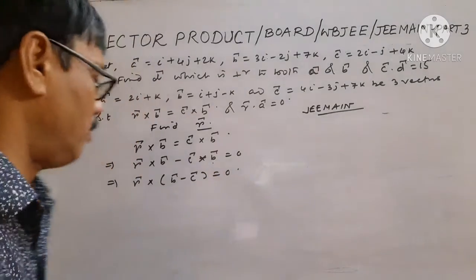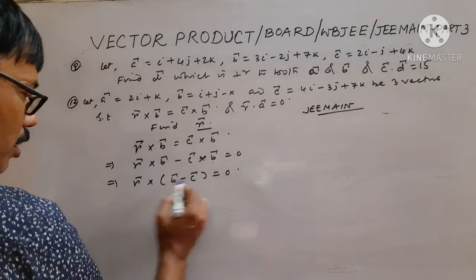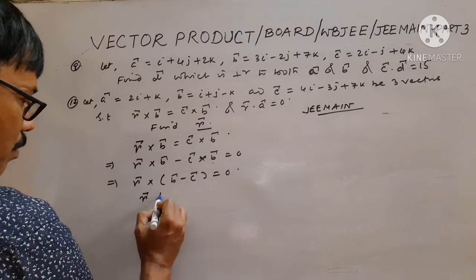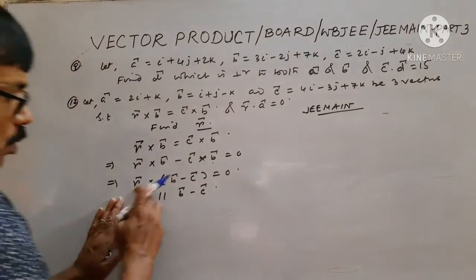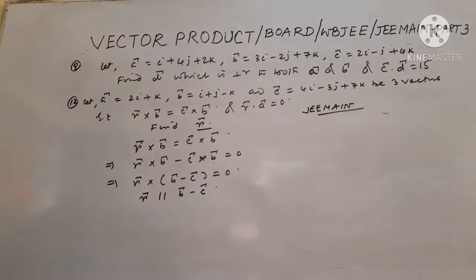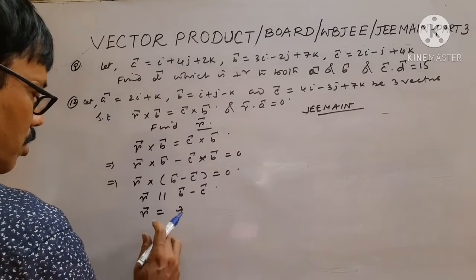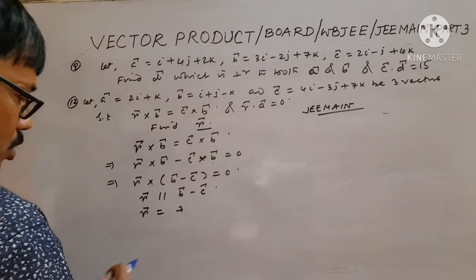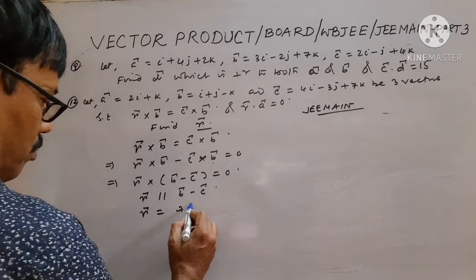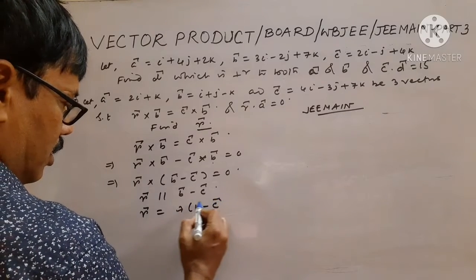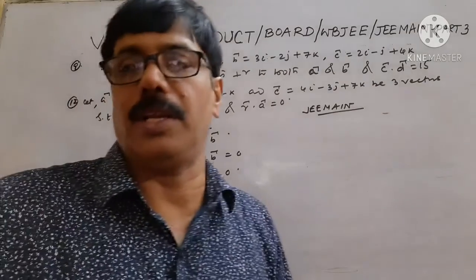So, if r and B minus C are not null vectors, then we can say r is parallel to the B minus C vector. Cross product is 0, therefore they are parallel. So, what is r? r equals lambda into B minus C.